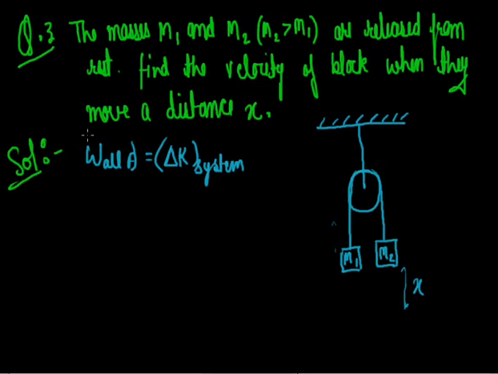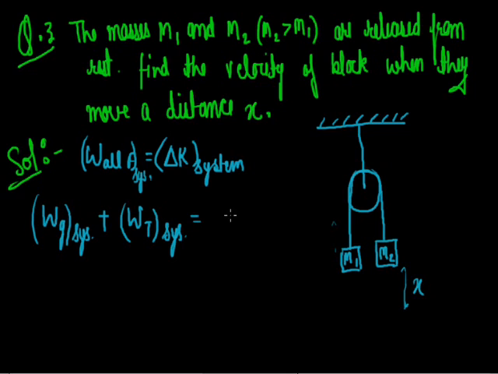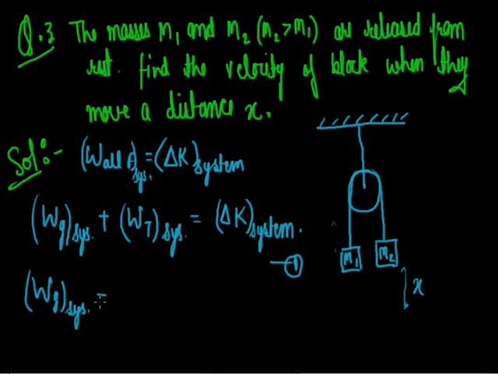We are assuming the whole system, including masses m1, m2 and the pulley. So work done by gravity on the system plus work done by tension equals change in kinetic energy. Equation 1. First we have to find the work done by gravity on the system. As we know, work done is force into displacement.